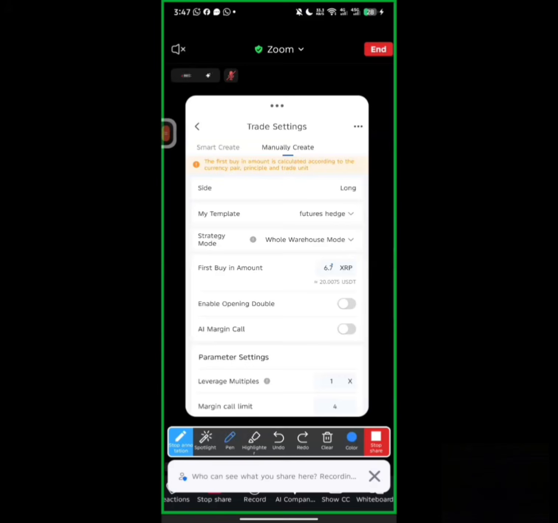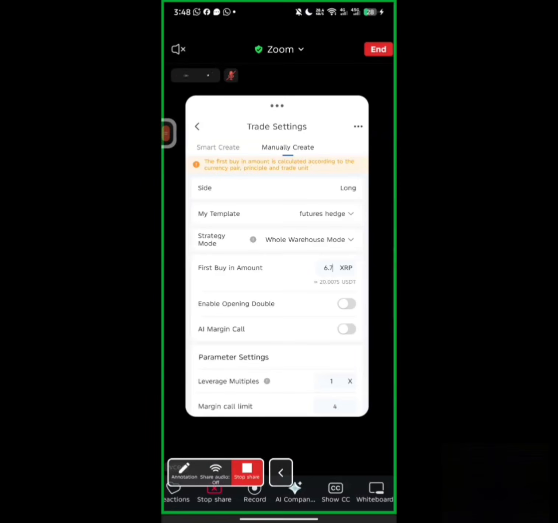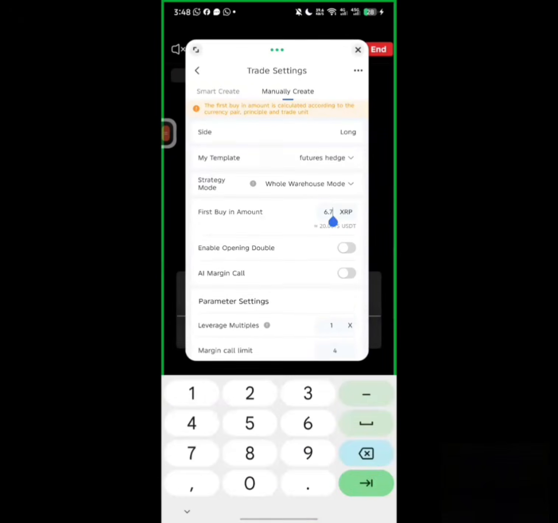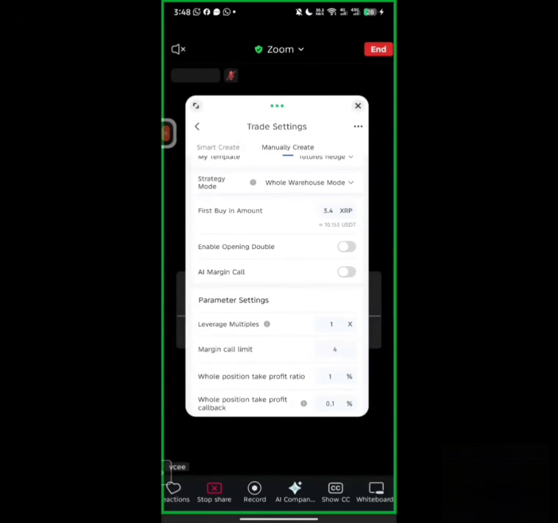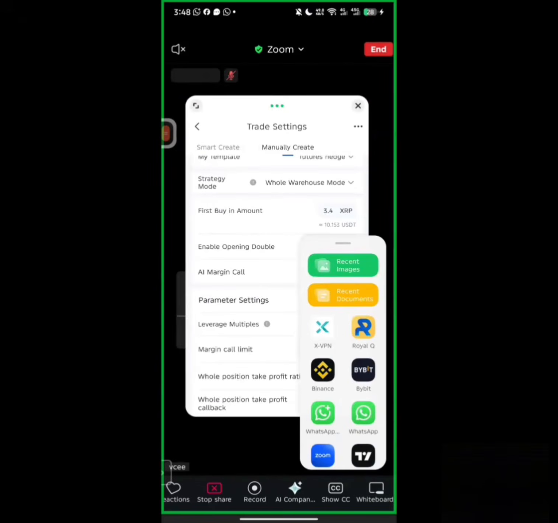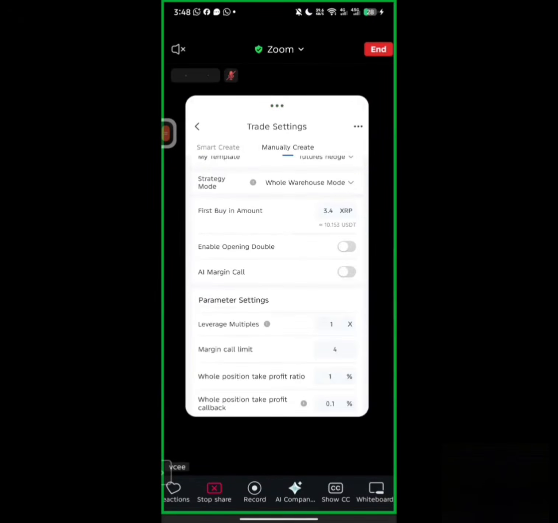So my example was for a $100 capital, so I'm going to stick with my $100 capital. I said 3.4 gives me what I want, so it gives me $10. The next thing you want to do after getting this is to set the leverage.